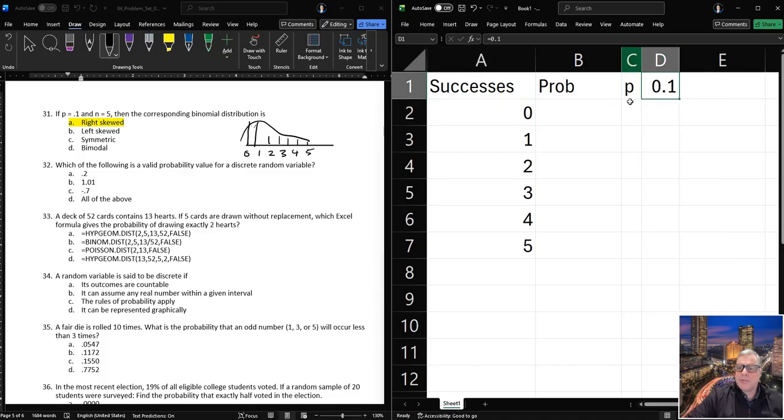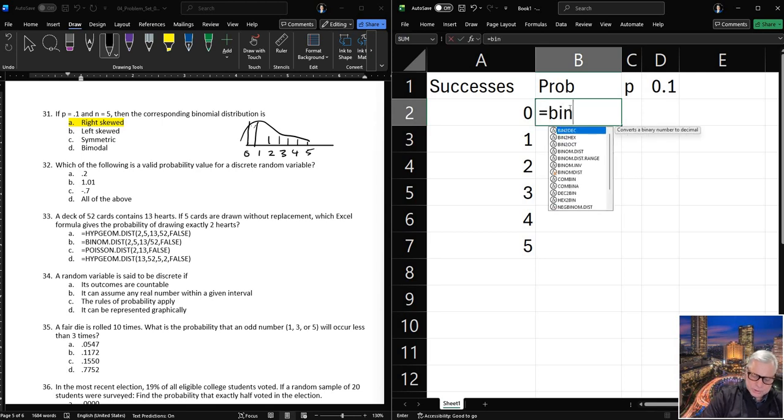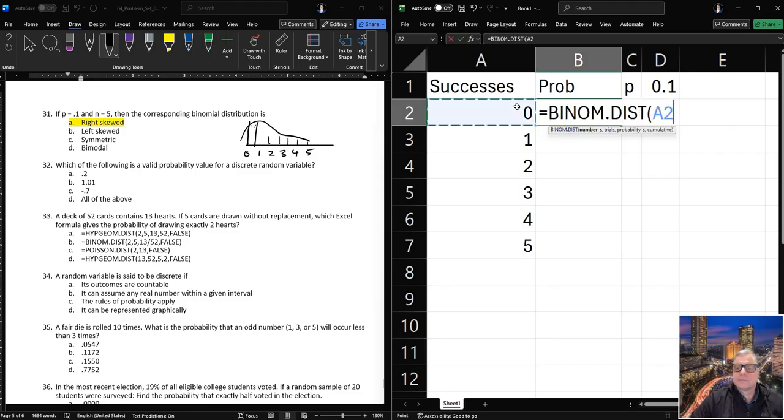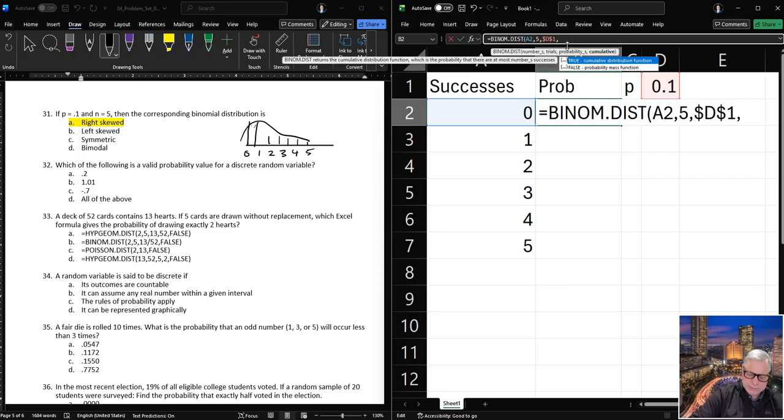This is something you can enter or choose, and then we would use the binomial distribution, BINOM.DIST. Trials 5, success probability 0.1, and we don't want it cumulatively, 0.